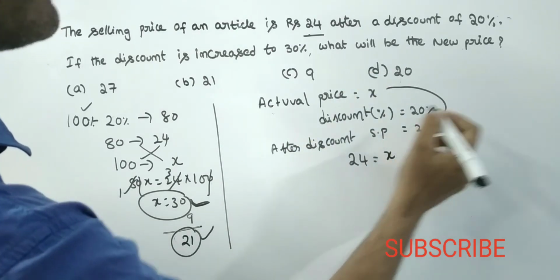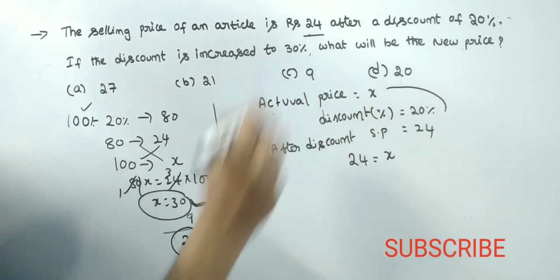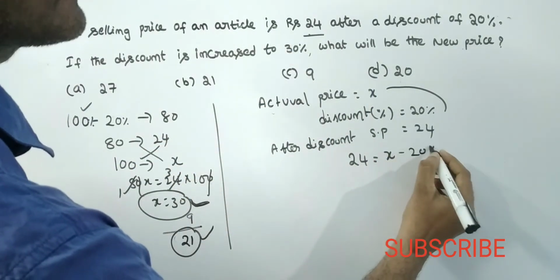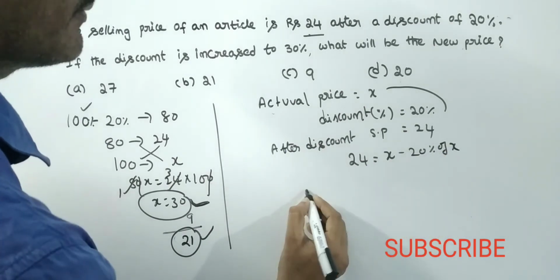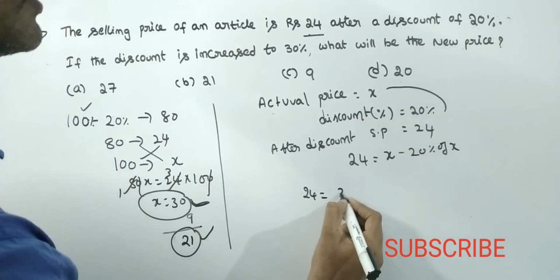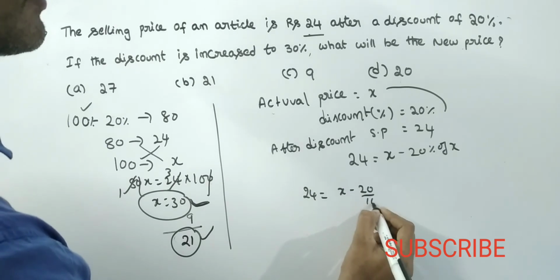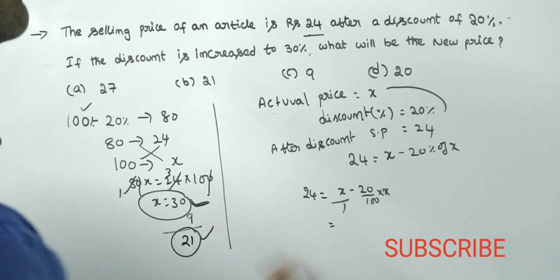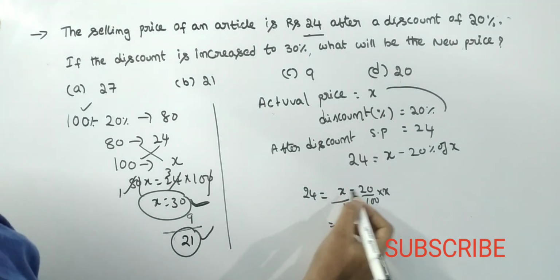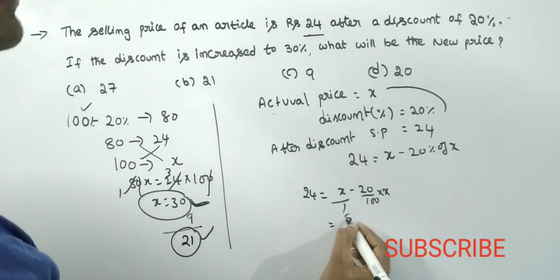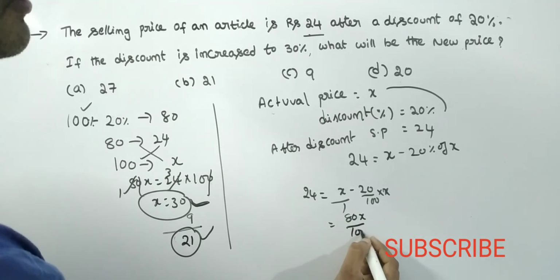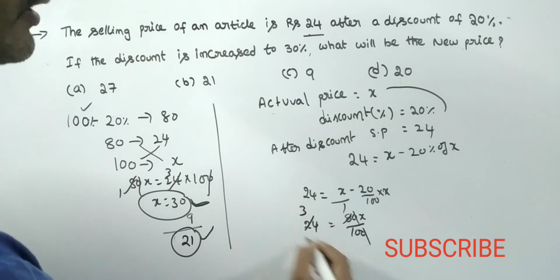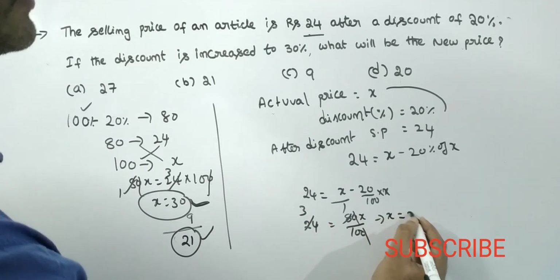See friends, discount is always on the actual price. x minus 20% of x. That means 24 equal to x minus 20 by 100 into x. Here 1. Then LCM of 1 and 100 is 100. Then 100x minus 20x equal to 80x. 80x by 100. Here 24. 0 0 cancelled. 8 3s are 24. Then x equal to 30.